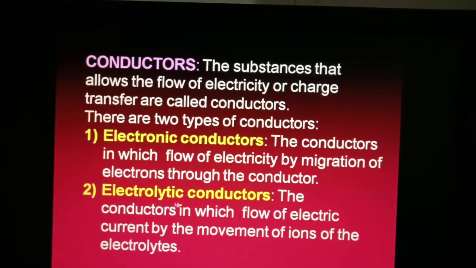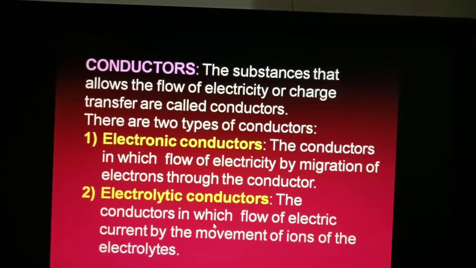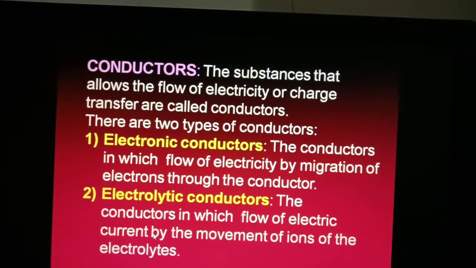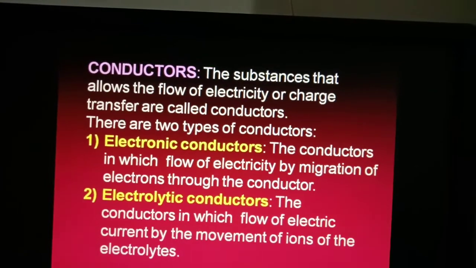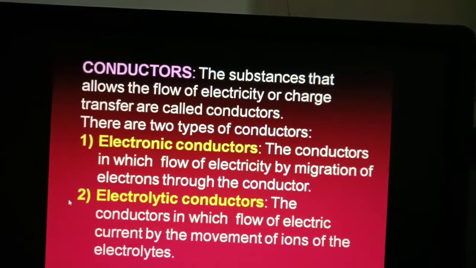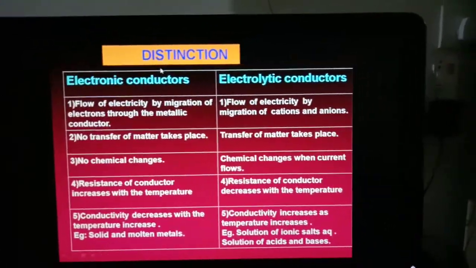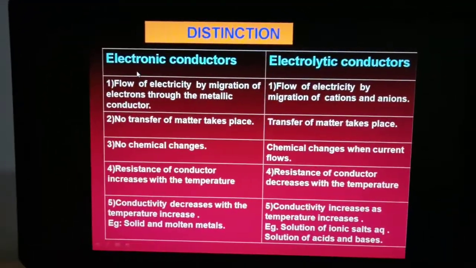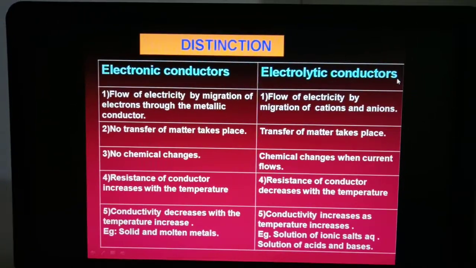Next type is electrolytic conductors. The conductors in which flow of electric current is by the movement of ions of the electrolytes are called electrolytic conductors. Now let us study the distinction between electronic conductors and electrolytic conductors.